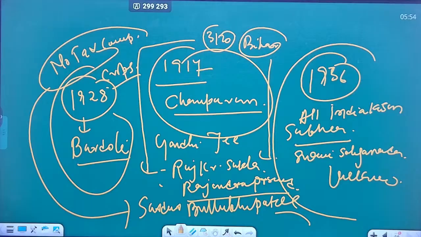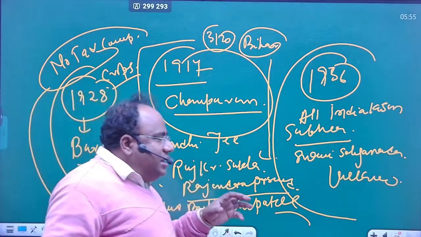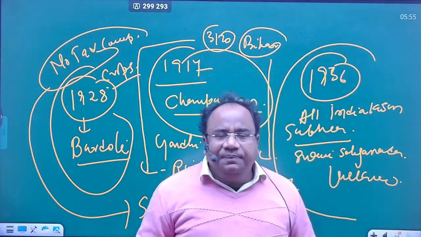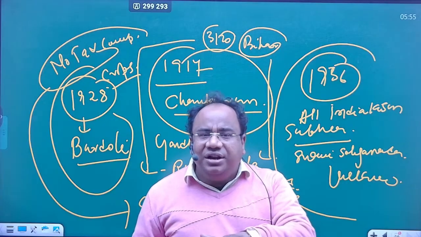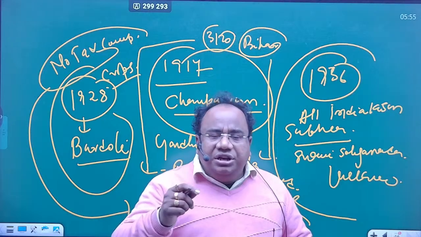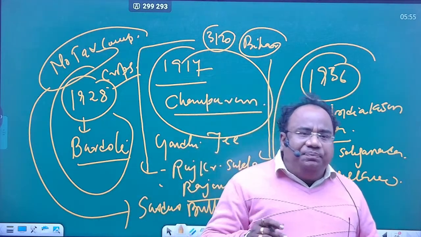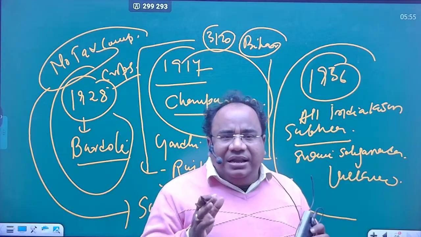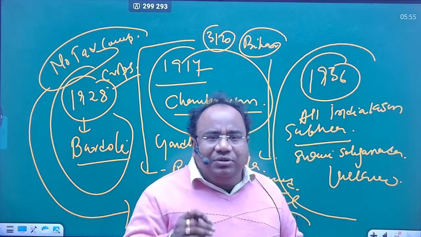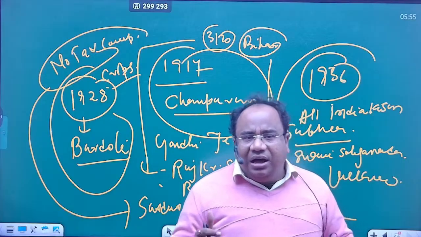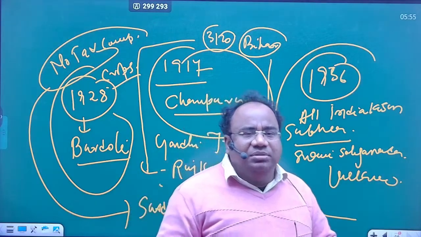That's why they used different techniques and mechanisms to exploit Indian farmers, according to the need and utility of the Britishers. So they used different policies, either taxation policy or agriculture-related rules and regulations, and the tillers of the land suffered at the hands of the Britishers.